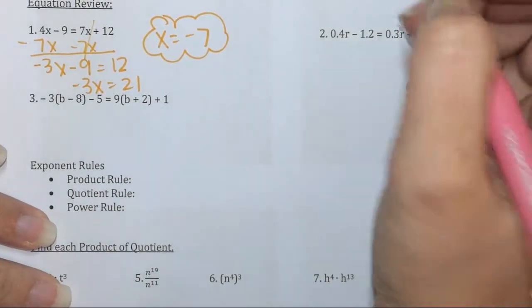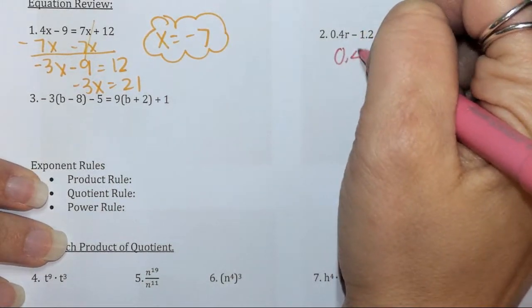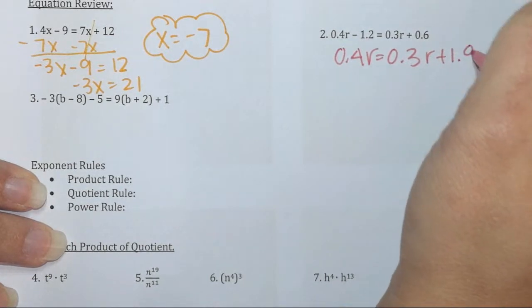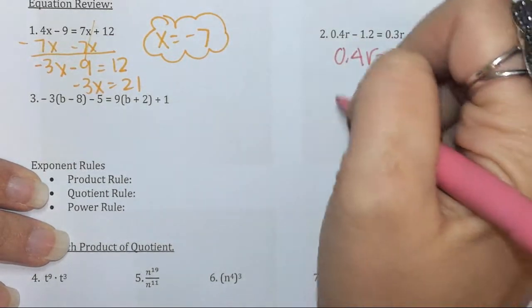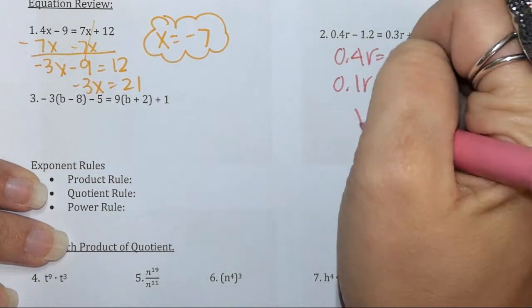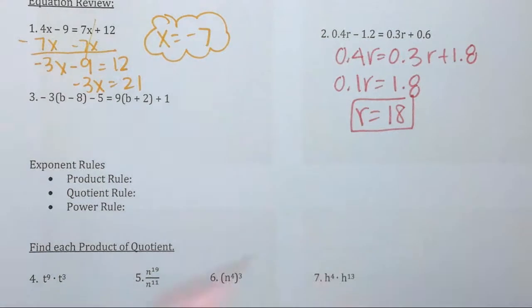Alright, so for number 2, the first thing I would do is add 1.2 to both sides. And then I'd subtract 0.3R. And then you divide, and you get 18. What'd you get for number 3?